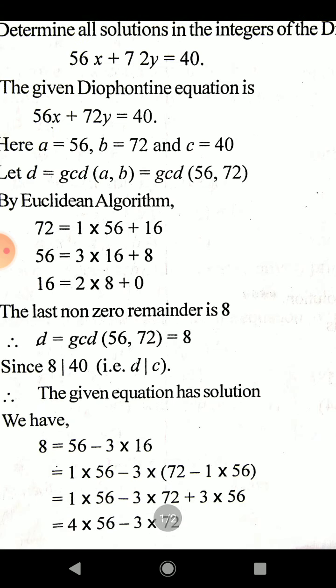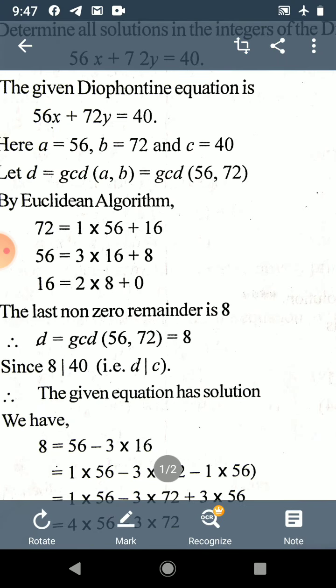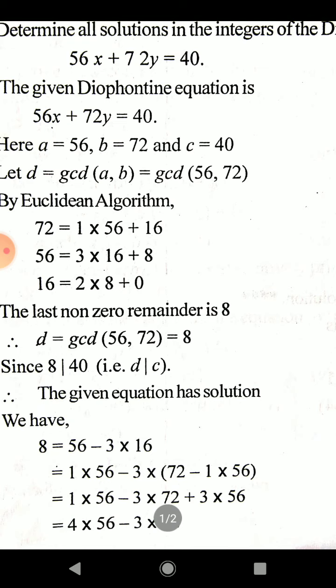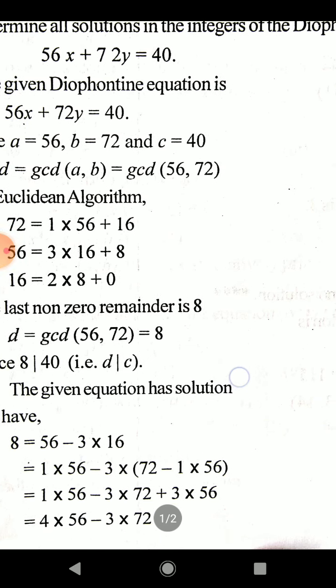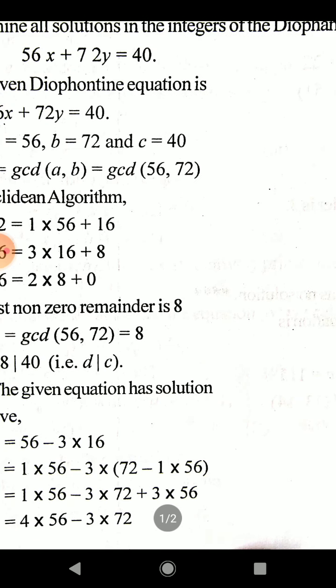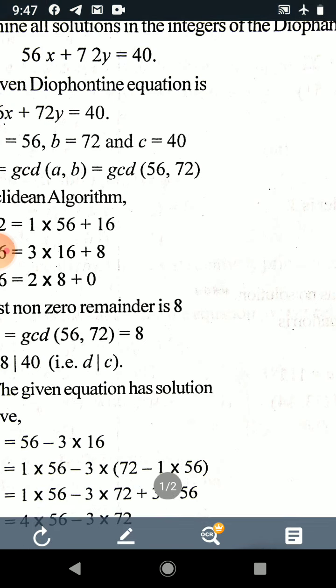But 16 can be written from this equation as 72 minus 1 into 56. Then this 56 can be written as 1 into 56. Here multiply by minus 3 to this bracket.